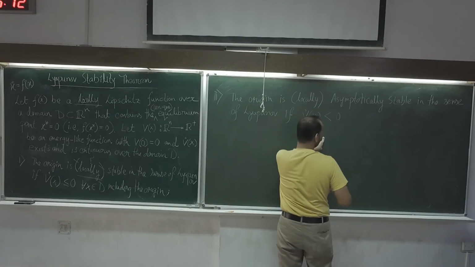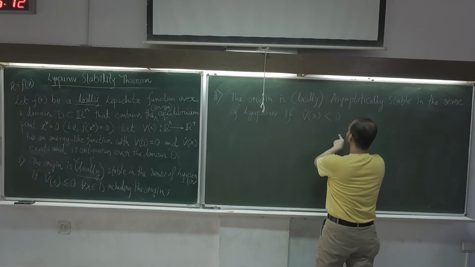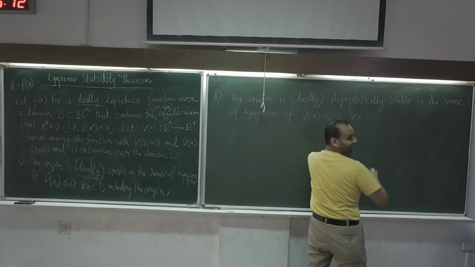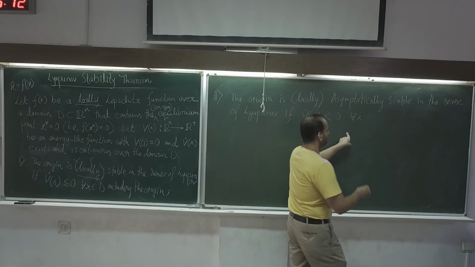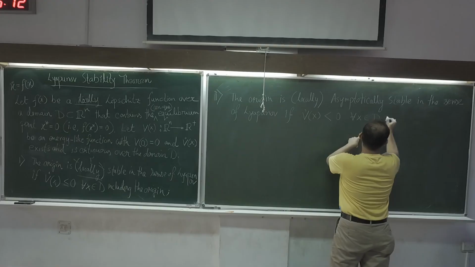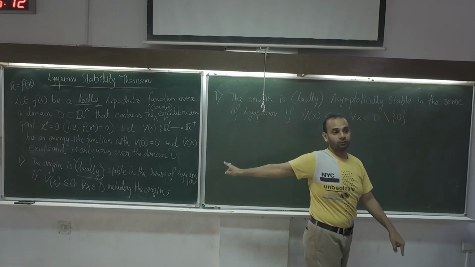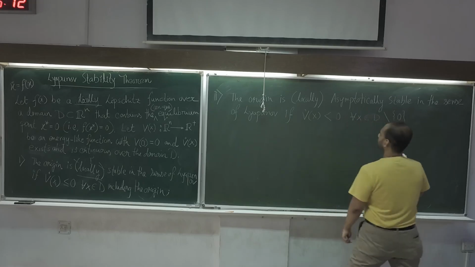That is the negative definite case, so we have to say for all x not equal to 0. Exactly. That is the main important point which you missed. That is for all x belonging to D. Now you have to exclude the origin, whereas in the first case the origin was included, right?